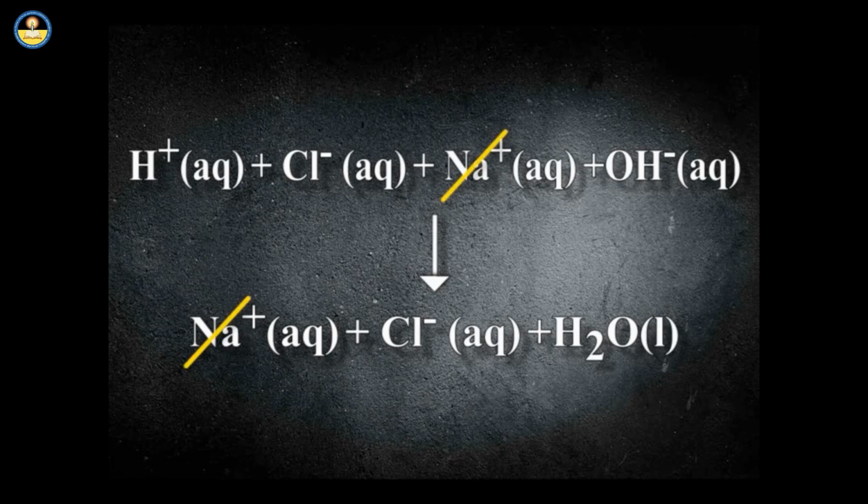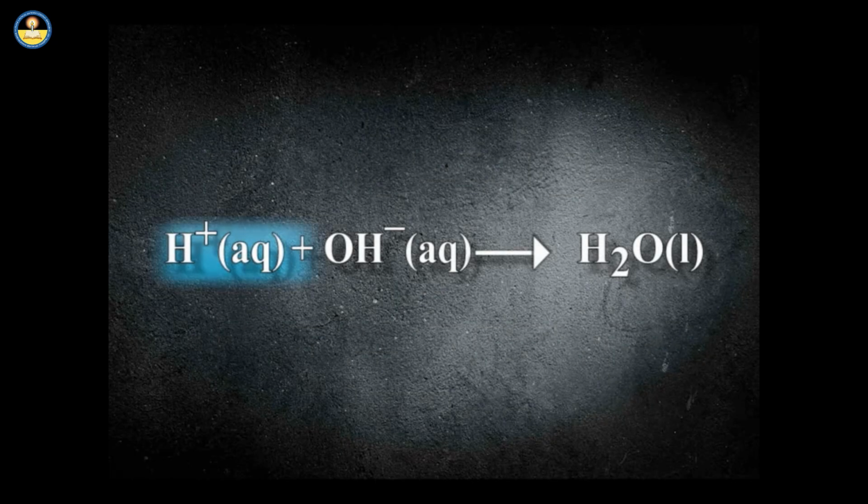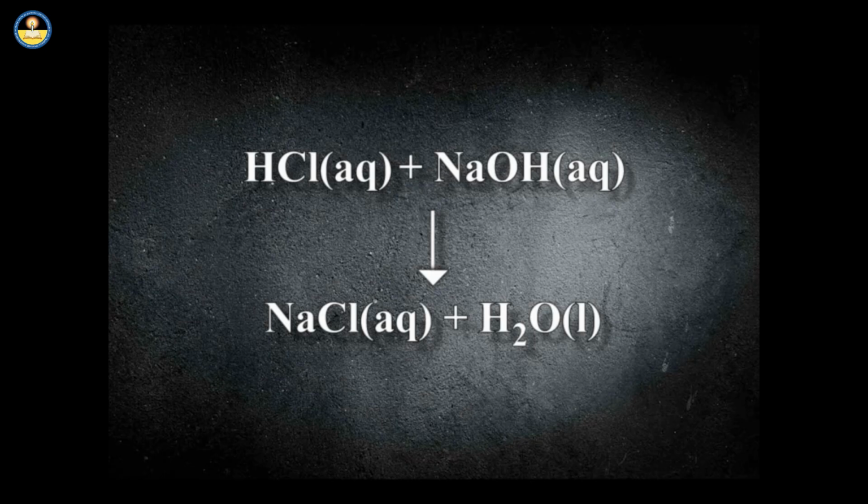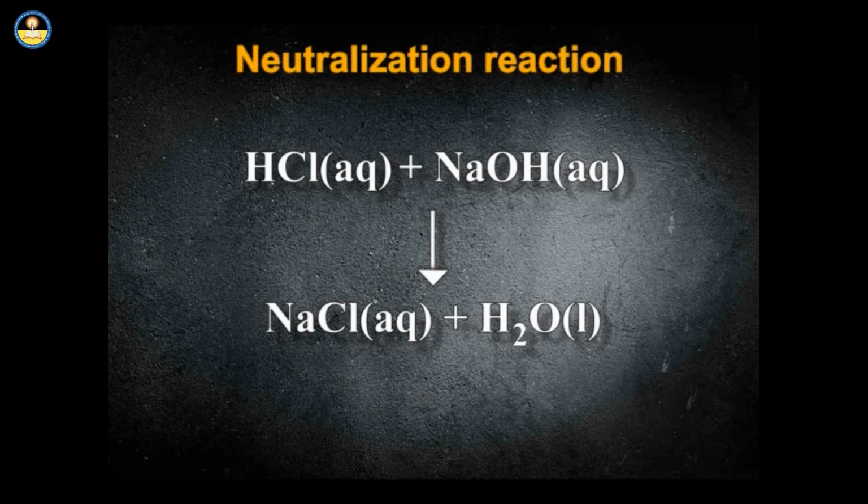Cancelling out any Na+ and Cl- ions on both sides of the equation, the new ionic equation becomes H+ ions in aqueous state plus OH- in aqueous state give H2O in liquid state. From this equation, we find that a neutralization reaction between an acid and a base has taken place.